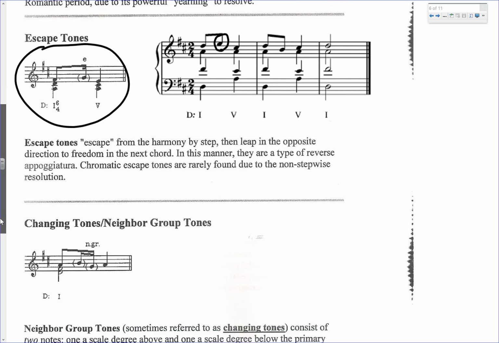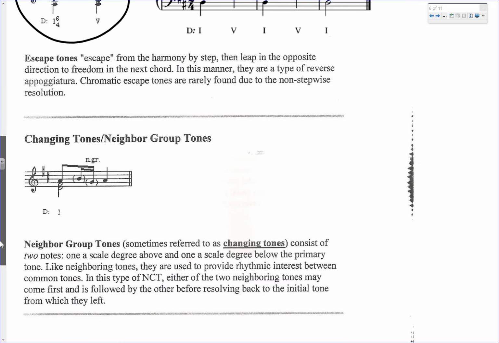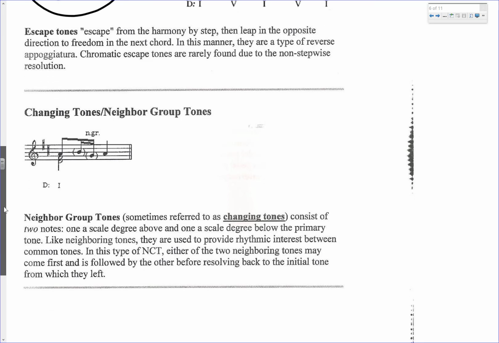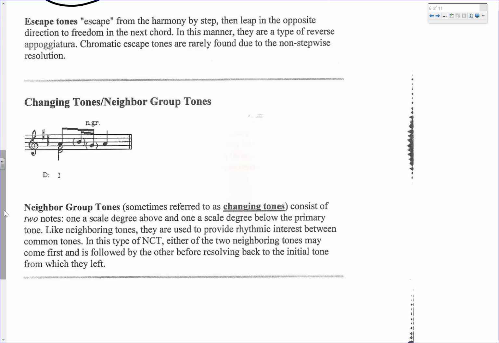Okay, so this next type of non-chord tone we've already talked about, changing tones. That should sound familiar. Also called the cambiata. Also called neighbor group tones. So if you see those 3 characterizations we're talking about, they all mean the same thing.